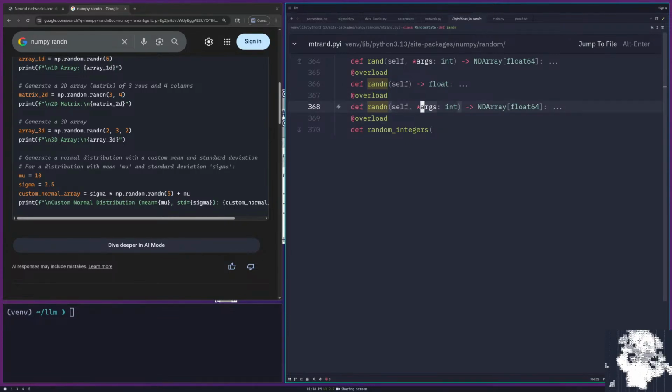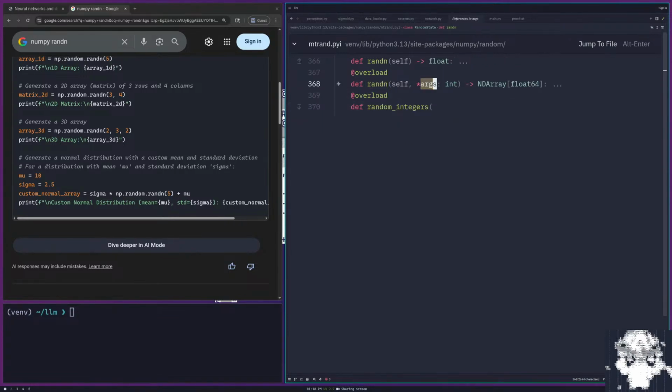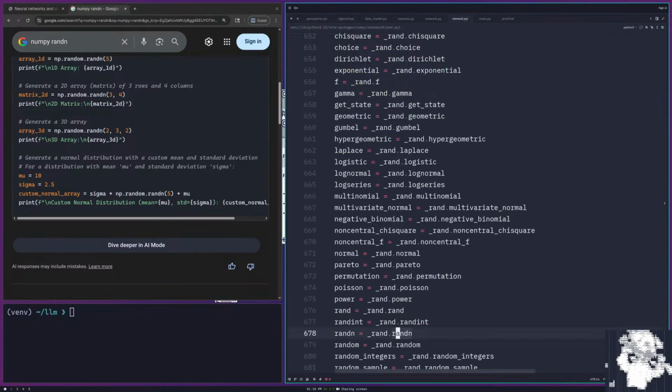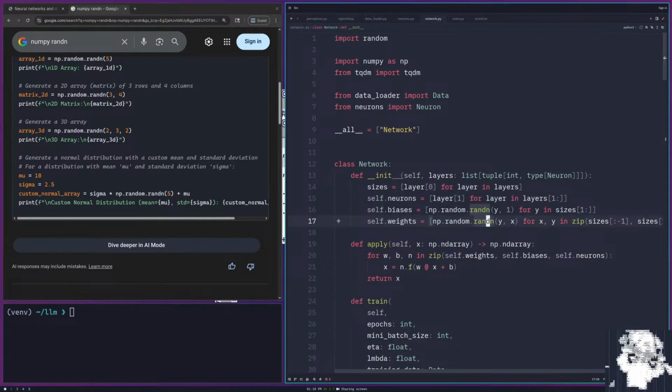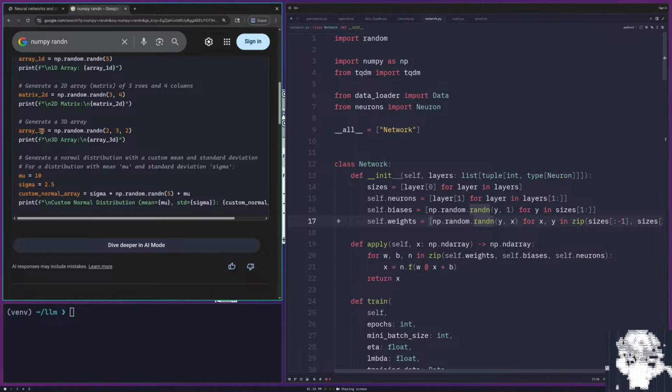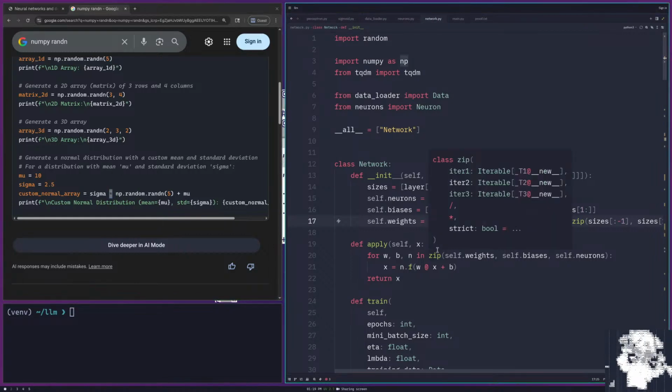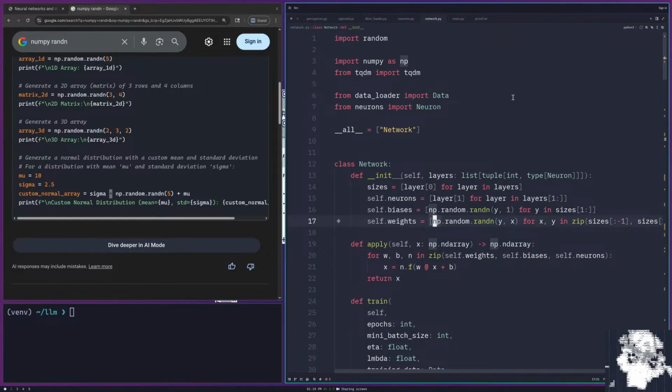What are these mystical args? Here, oh, here's the custom mean and standard deviation. Mean is mu. I don't want to change that. Standard deviation is sigma. So you just multiply the matrix. What do you call it? A Hadamard product.